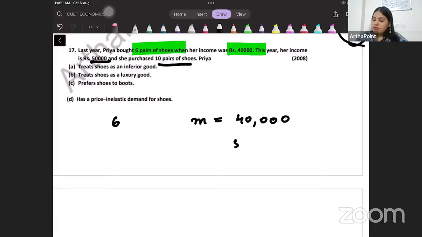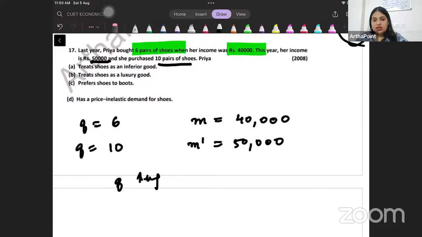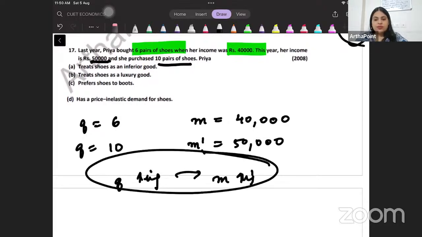This year her income is 50,000 and she purchased 10 pairs of shoes. So beta, quantity is increasing when income is increasing. So which goods are those in which you demand more when income increases? Clearly, these should be your normal goods.